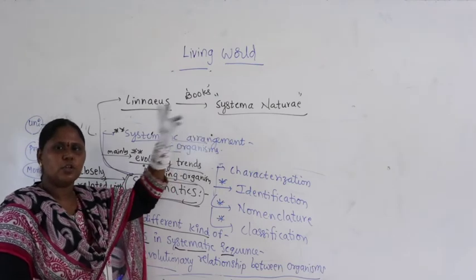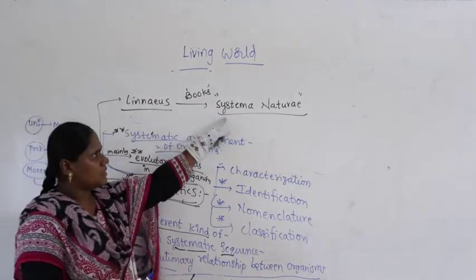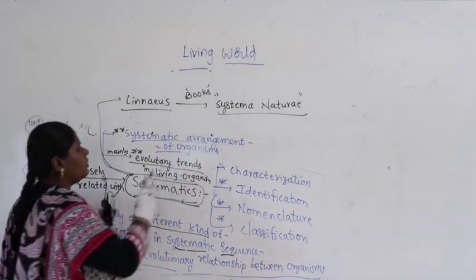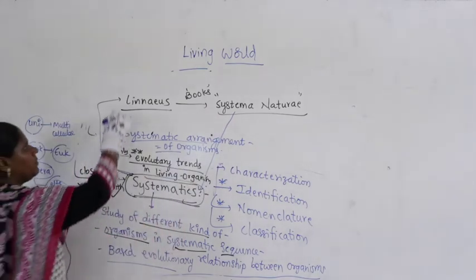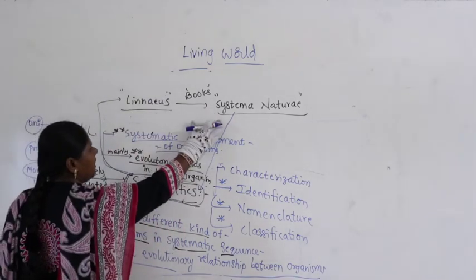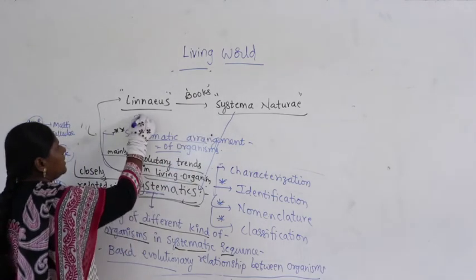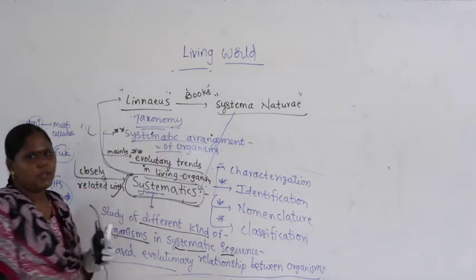Of course, we studied about the two books: one is Species Plantarum, the other one is Systema Naturae. Systema Naturae included the information about systematics. The book written by Linnaeus, Systema Naturae, included the information about systematics and also about the branch of science called taxonomy.